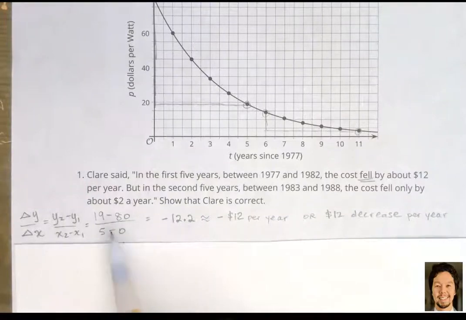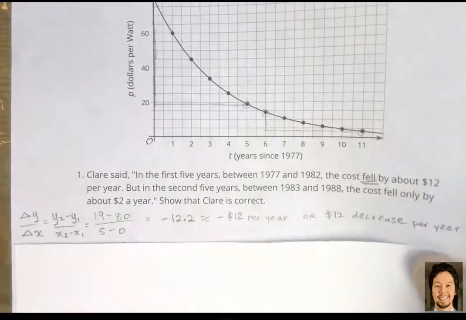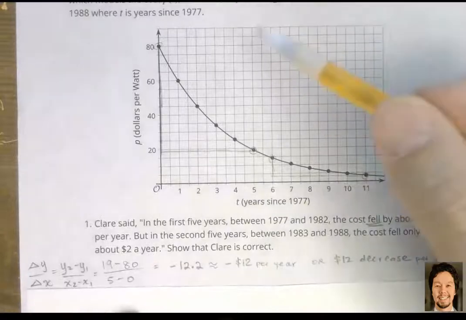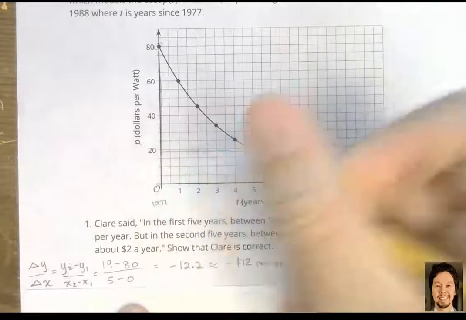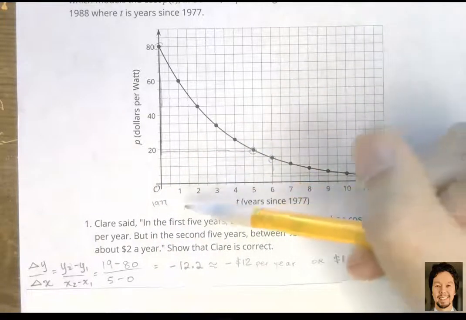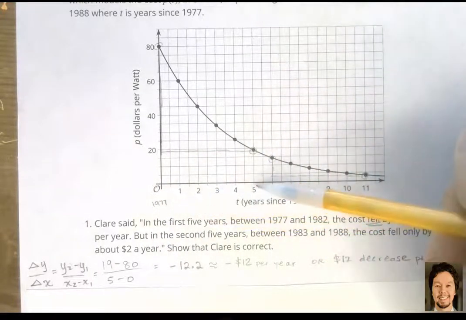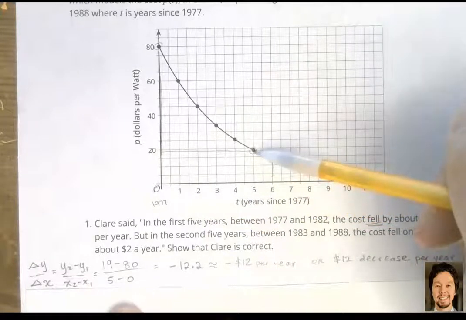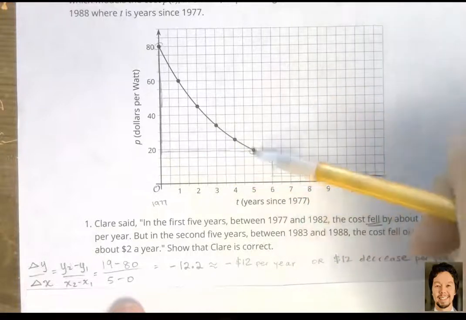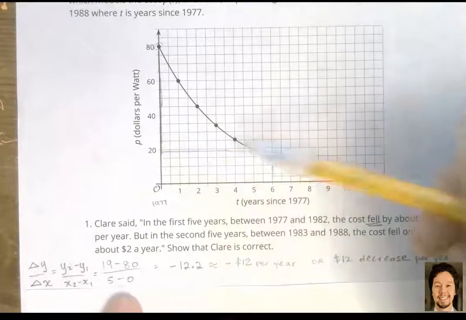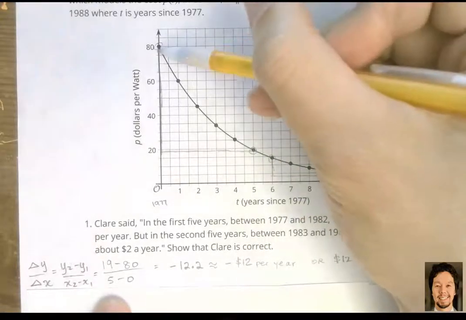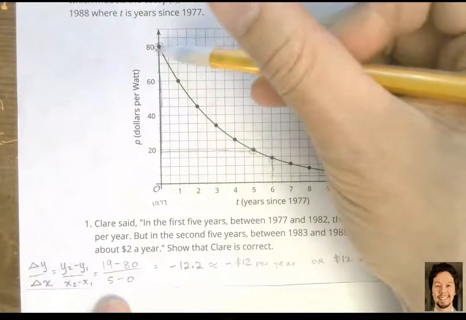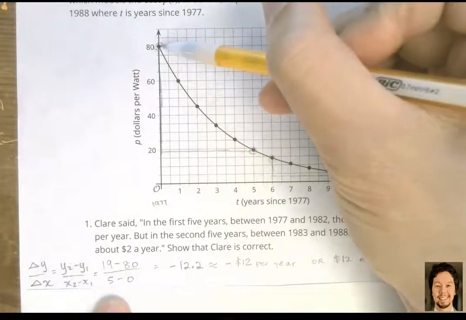And as you can see, we have in 1982, right? So if 0 is really 1977, then 1982 is 5 years later, and I've circled that plotted point right there. So we have about 19, it's just below 20, so it's about $19, compared with 1977, the first year, when 1 watt of power cost $80.